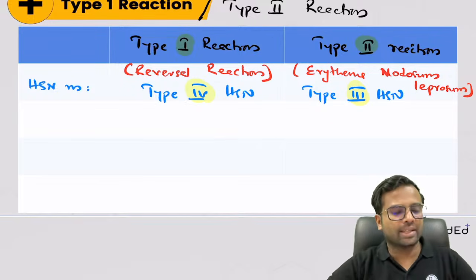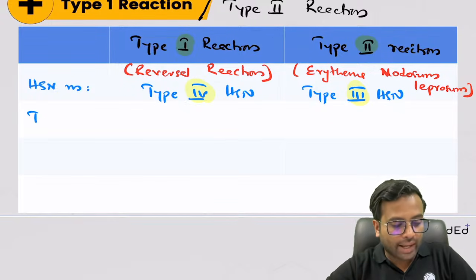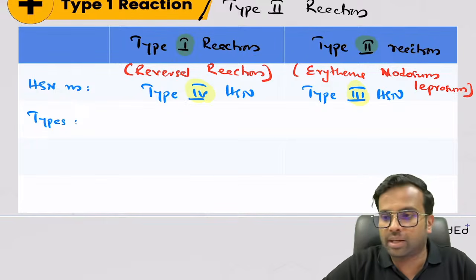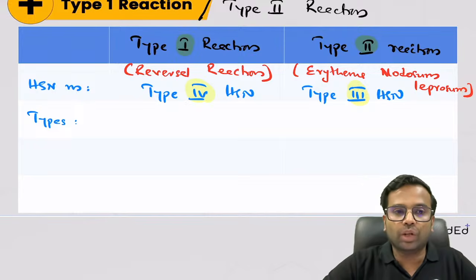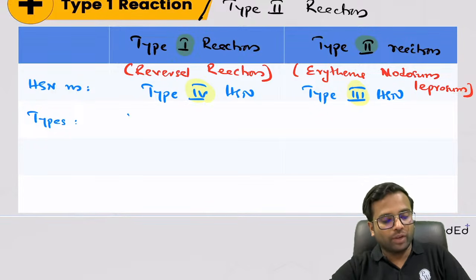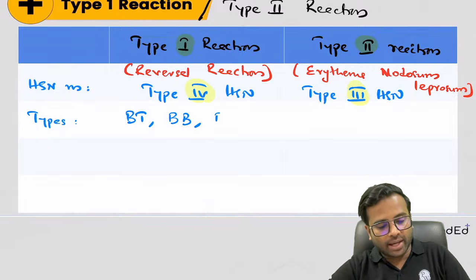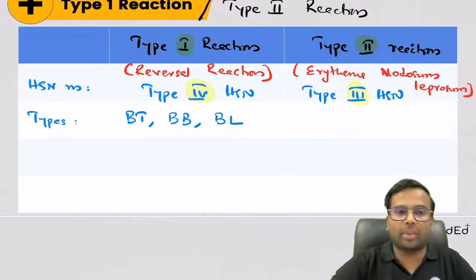The second thing is, what are the types of patient who will show this lepra reaction? Now this is also easy to remember. Every borderline type will show type 1. Now what are the borderline types? We learned borderline tuberculoid, borderline and borderline lepromatous.